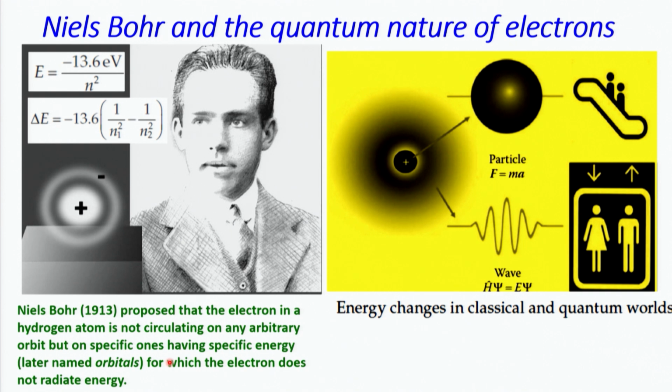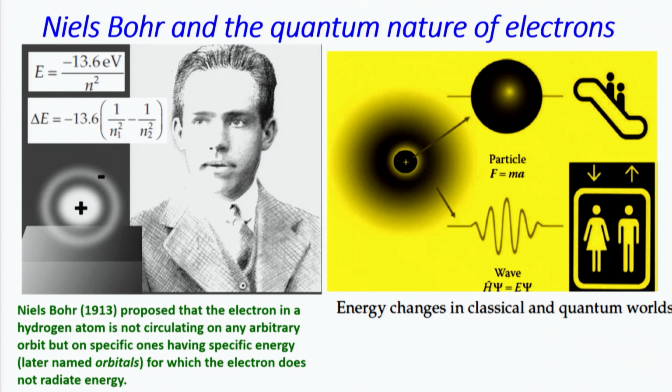So, essentially energy is quantized, and when the electron moves from one state to another, the energy gap is also fixed. We can compare classical mechanics and quantum mechanics with an escalator, where you move continuously from one level to another. Classical mechanics says that the particle can take any energy value, but quantum mechanics says it can take only specific values.